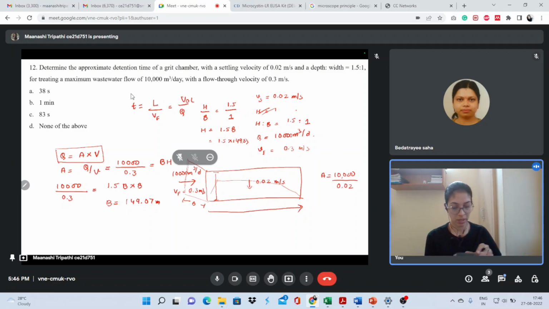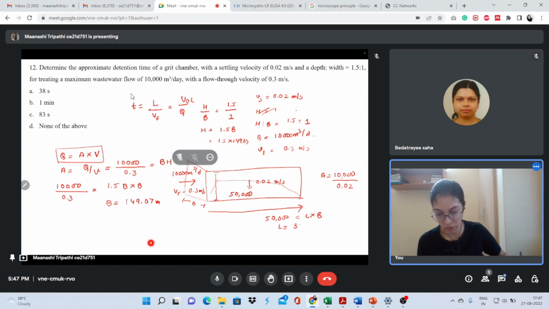What will be the answer? 10,000 divided by 0.02, we got 50,000. This area is 50,000, and this area is composed of length into width. B we know, so L is equal to 50,000 divided by 149.07.